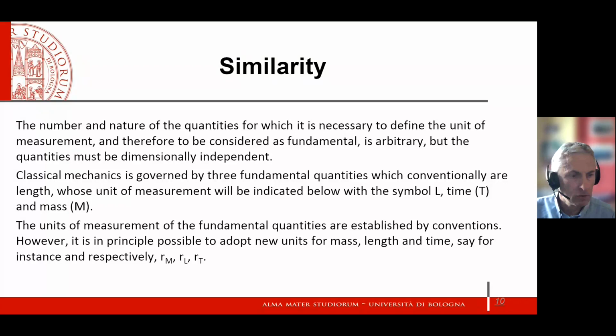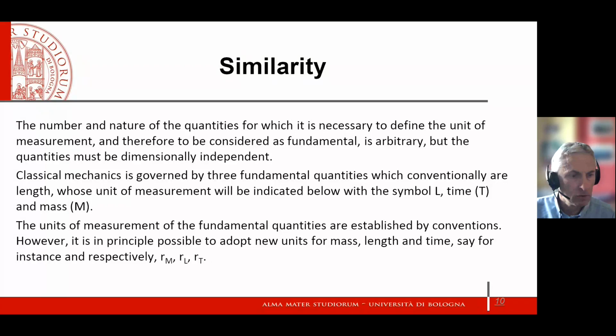Actually not, because I may decide to reduce the number of fundamental quantities. For instance, if I'm not interested in the whole domain of classical mechanics, but I'm only interested in kinematics, the units of any quantity in kinematics may be derived by the only units of length and time. I don't need mass in kinematics. If I want to extend to dynamics, then I need mass.